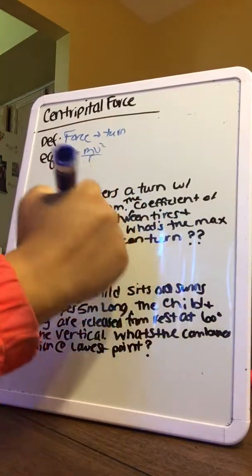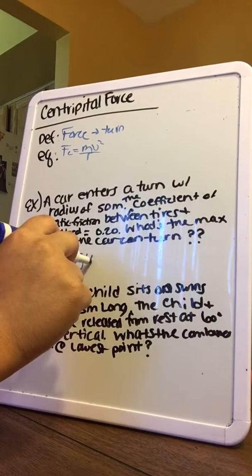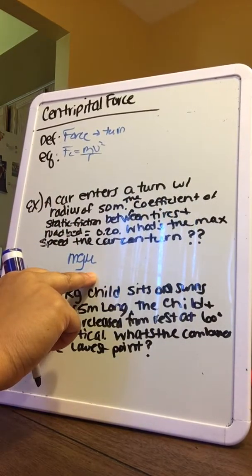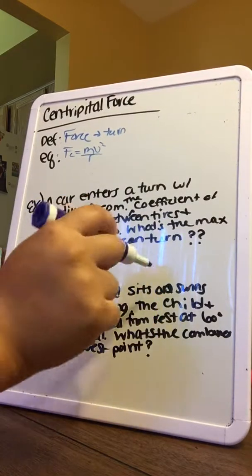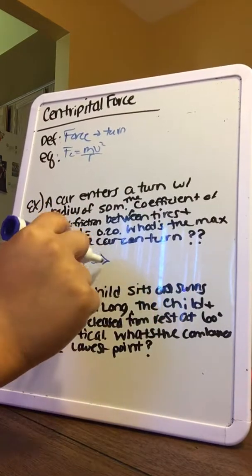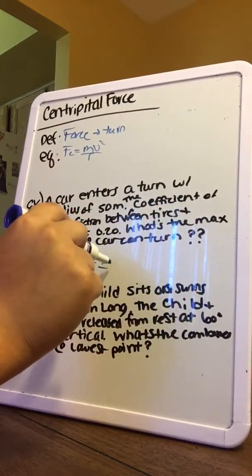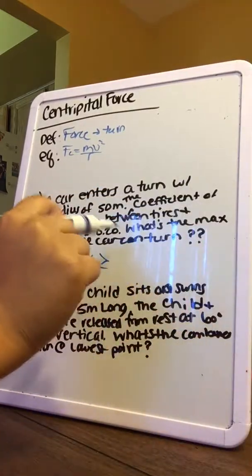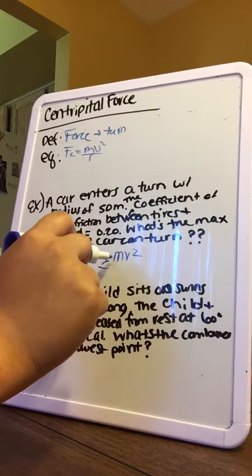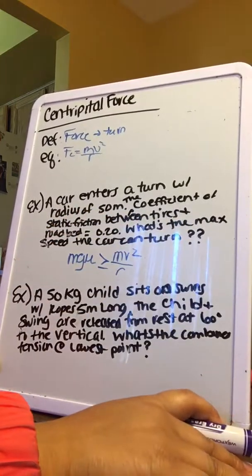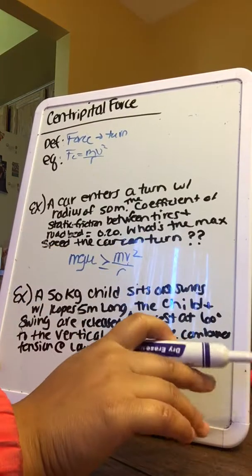So essentially, the force of the tire on the roadbed has to supersede, or be greater than, the centripetal force. So centripetal force is mv squared over r. So we can plug in everything we have to try to find the max velocity.